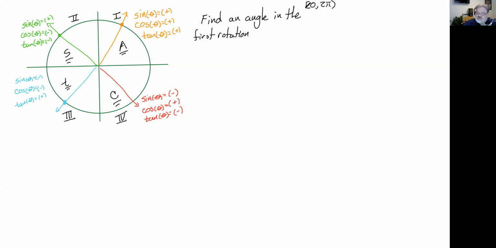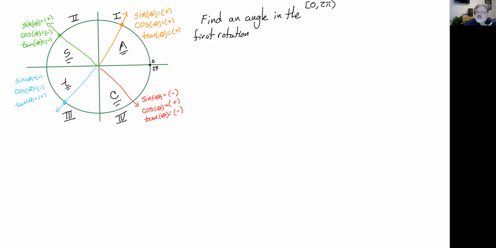Notice, by the way, that the 0 is included in the interval, but the 2 pi is not. The 2 pi and the 0 are coterminal, so they both reference that location. Same with degrees, the 0 and the 360 both denote this location. So the first rotation goes up to, but not including that end, because that end double maps that first point. So you will see it written this way. Make sure you take note of that.